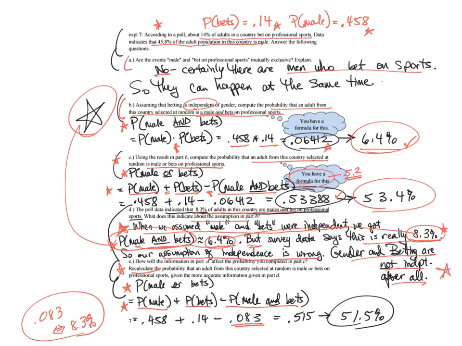In that case, I get exactly 0.515, which tells me 51.5% of the population is male or bets, as opposed to the 53.4% that we would have gotten under that erroneous assumption. All right, so that wraps up that page, and of course that wraps up the 5-3 notes.